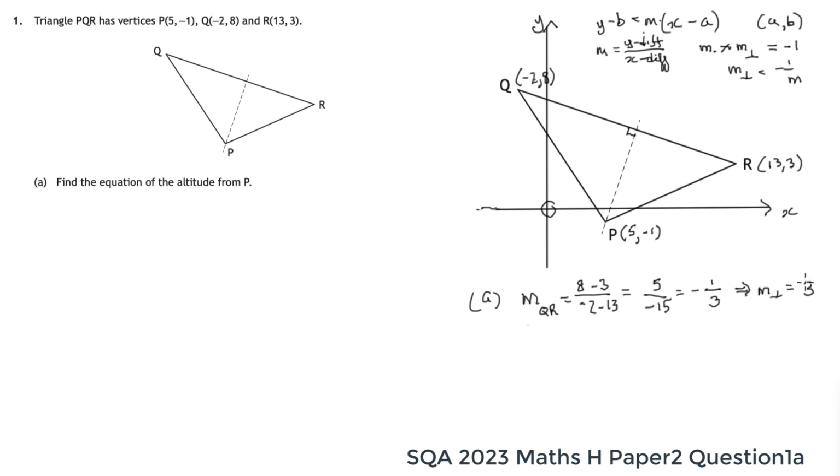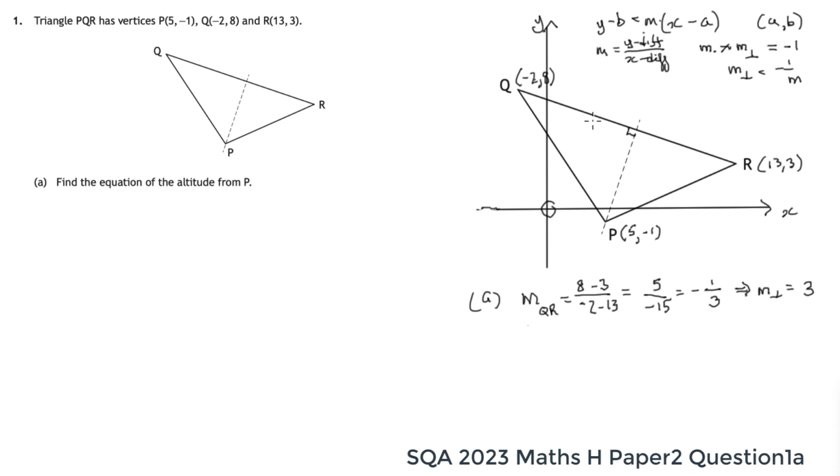Well, that goes from negative to positive. And you can always check that the product of these two is -1. So the gradient of the perpendicular is 3. And that's fair enough. 1 along, 3 up. So quite a steep positive gradient.